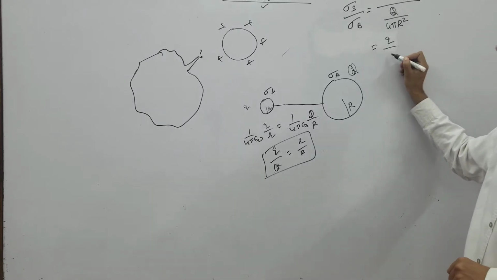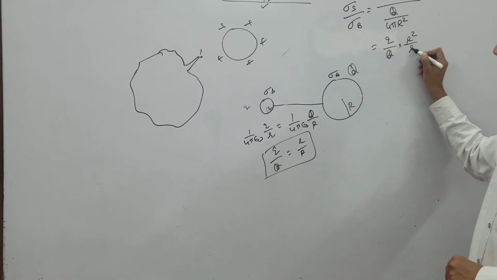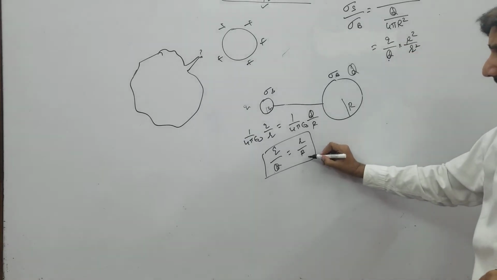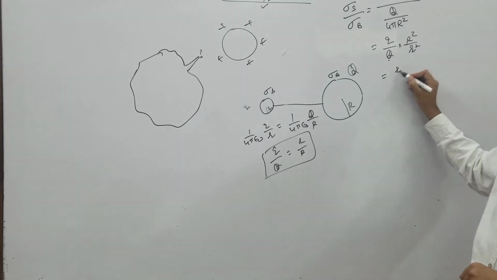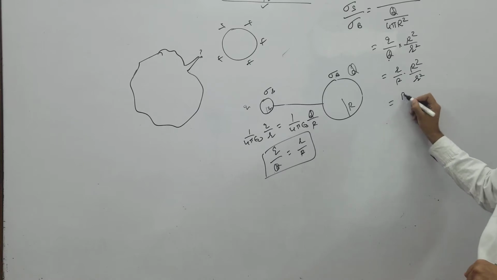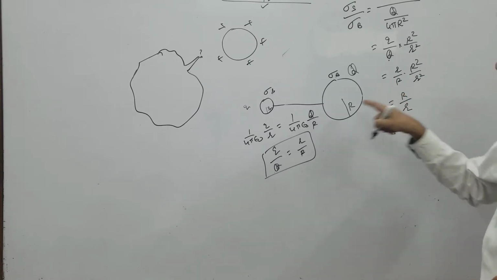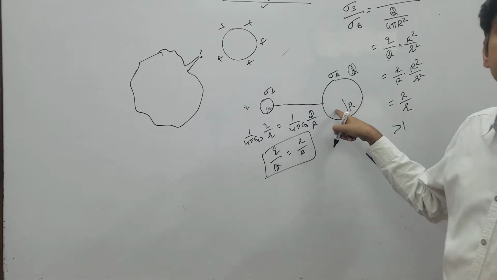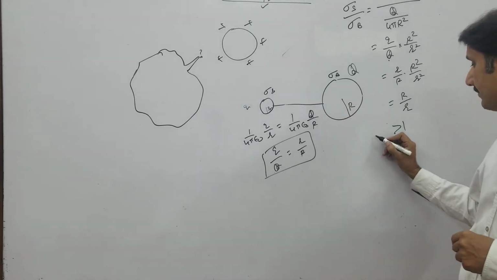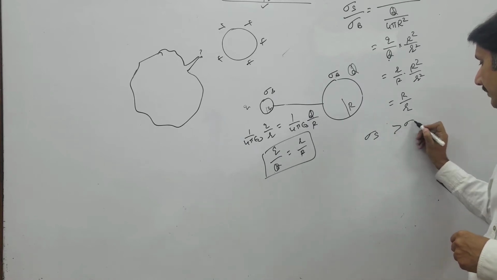So what do I get? q by Q into R square by r square. Now q by Q itself was r by R. A little simplification gives me R by r, which is definitely greater than 1 because R is the radius of the bigger sphere. This means that sigma small is greater than sigma big.